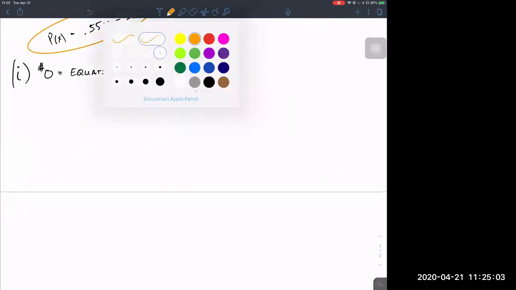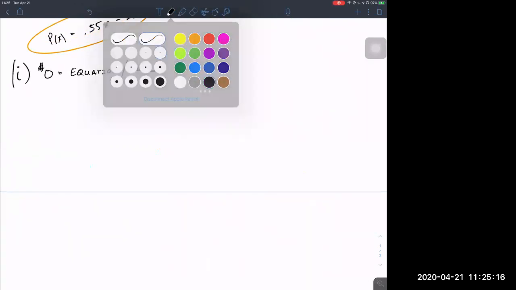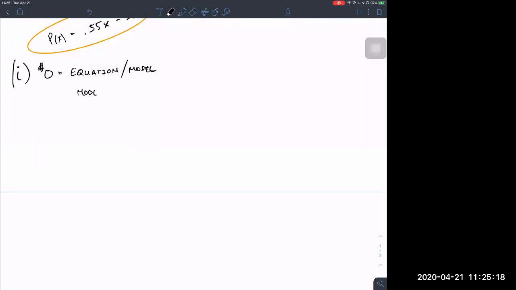So if you don't have the model up already, whether you have it written down or you're looking at the answer on page 36 of my textbook, the model looks like this. So P of X, which is 0.55X minus 25.